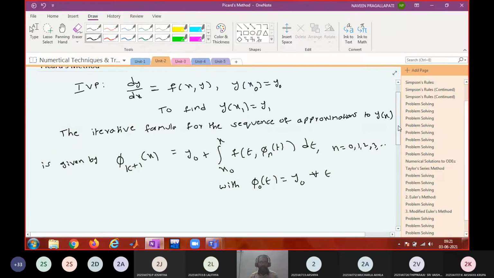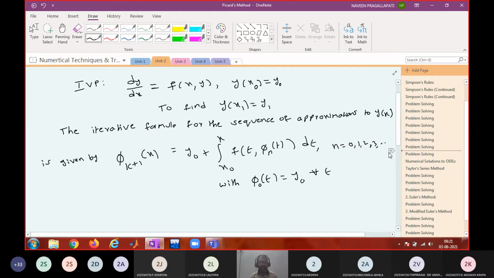When does this iteration process need to be stopped? We'll stop the iteration process till we get a sufficient number of terms, or till we are able to integrate, because integration is quite challenging every time. It may not be possible to integrate for every function, as the complexity of the integrand may be more.